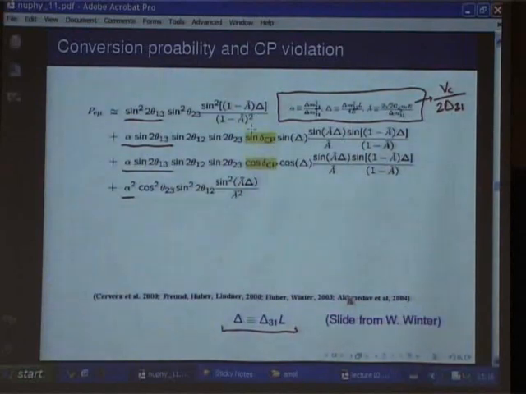It looks like sine square x by x square, so sine x by x whole square.